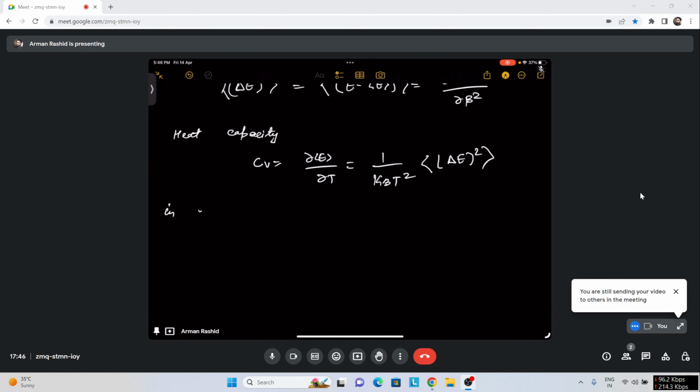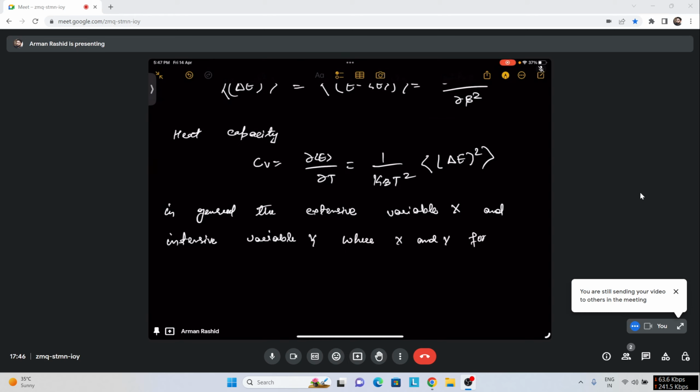Similarly, in general, consider an extensive variable x and an intensive variable y, where x and y form a pair of conjugate variables.